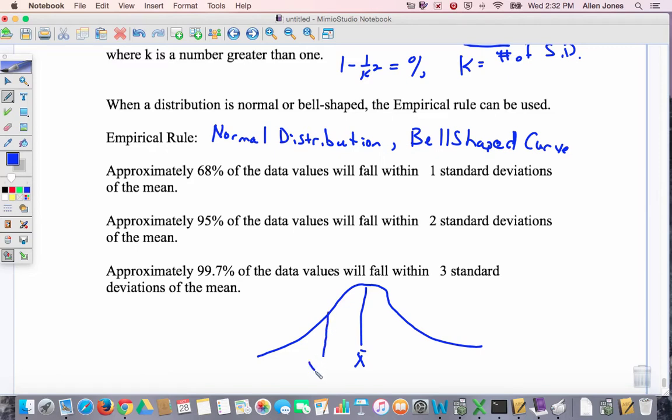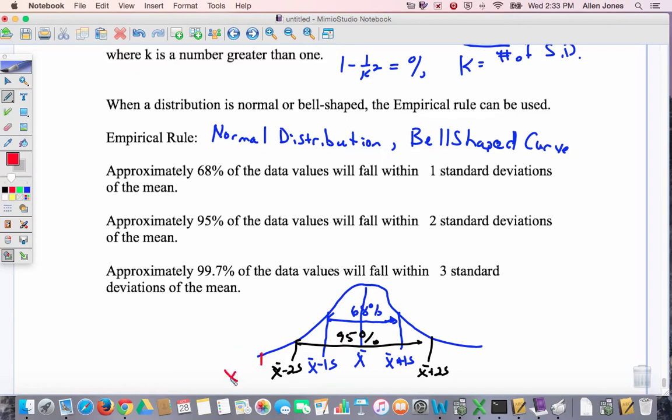If I go down 1 standard deviation, so our mean minus 1 standard deviation, or I go up 1 standard deviation, that's where 68% of the values are going to lie. That's one of the numbers we're just going to have to basically memorize or know. 68%. If I go down another standard deviation, so 2 standard deviations, or go up 2 standard deviations, then we have 95% according to the normal distribution curve.